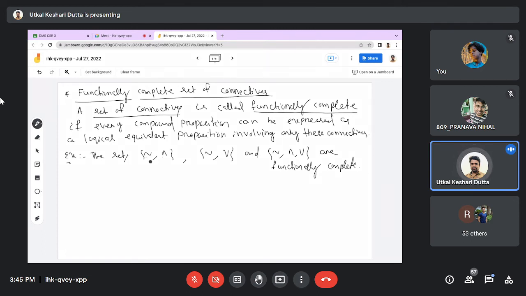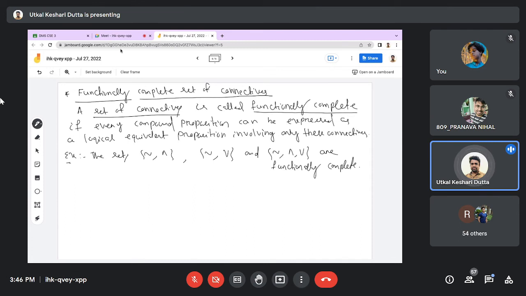That means if P is a proposition and Q is a proposition, we have to express all the other connectives. P disjunction Q, express in the form of negation and conjunction. P exclusive or Q in the form of negation and conjunction. P conditional Q in the form of negation and conjunction.